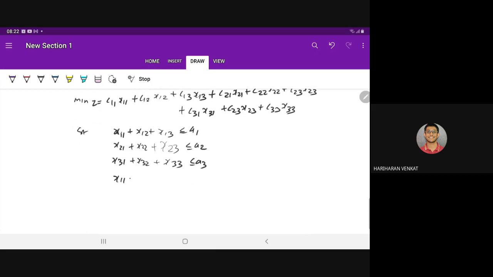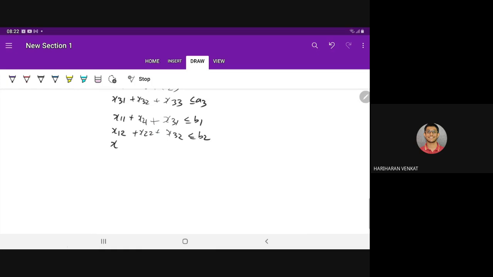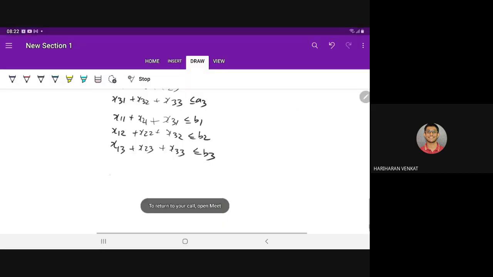Then X11 plus X21 plus X31 less than or equal to B1, X12 plus X22 plus X32 less than or equal to B2, and X13 plus X23 plus X33 less than or equal to B3. And all Xij greater than or equal to 0.